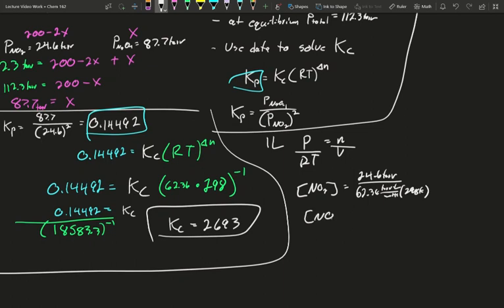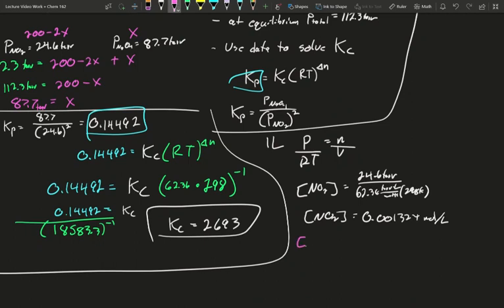The concentration of my NO2 is 0.001324 moles per liter. Technically, that's how many moles we have in 1 liter. We move the volume over, but keeping it as 1 means the moles are the same as the concentration in this case.